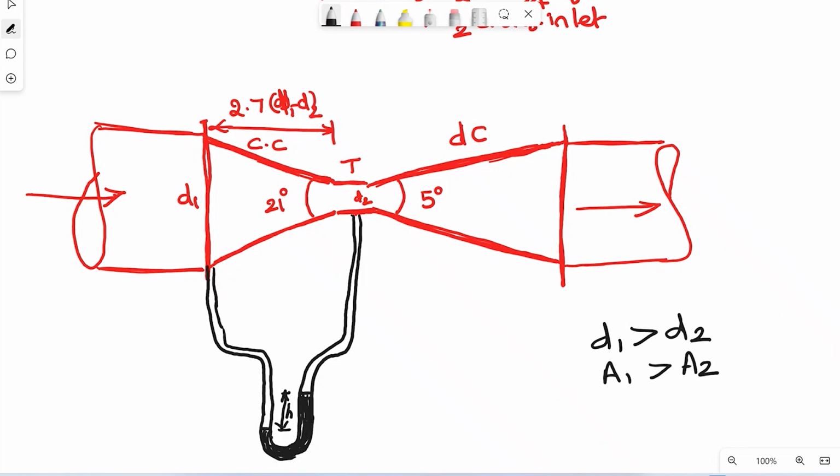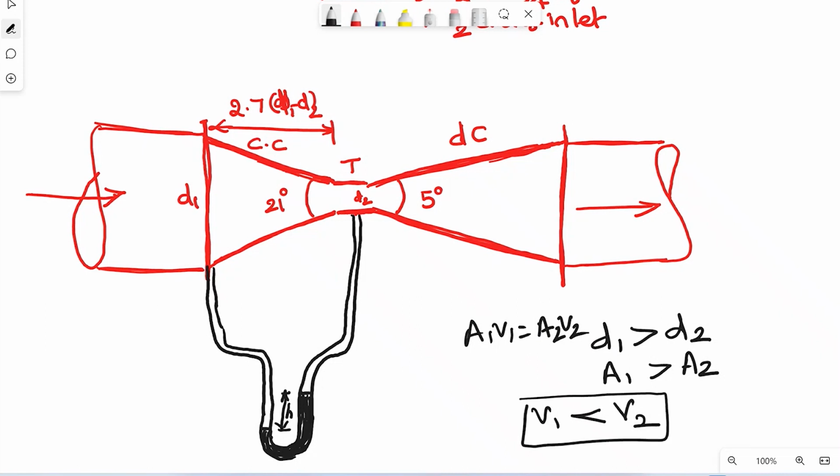So naturally velocity V1 is less than V2, because the continuity equation is A1 V1 is equal to A2 V2. As area is decreasing from here to here, A1 is greater than A2, so V1 should be less than V2. That's from the continuity equation.